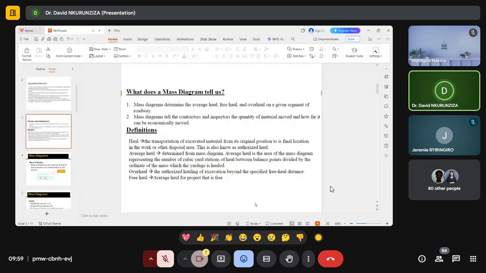I'm looking for the notes. There's something that we have to note down during the definitions.